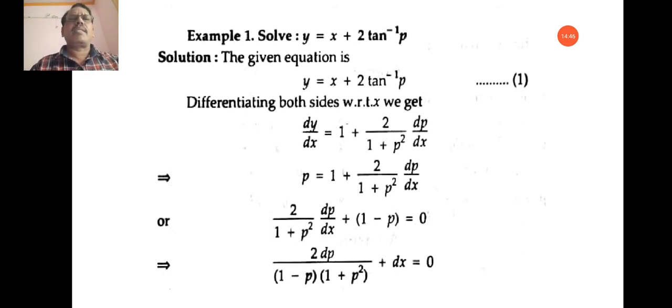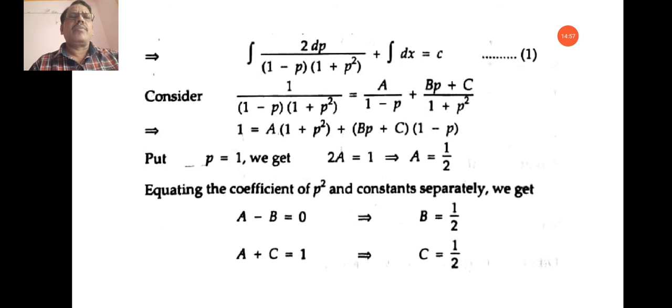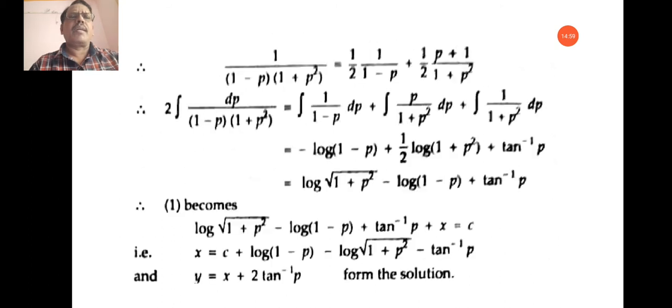After dy by dx we put it as p, and on simplification we get the value of p and eliminate p between the given equation and the equation obtained. Suppose p is not eliminated between 1 and 2, then the given equation and the obtained equation are the solutions of the given differential equation.